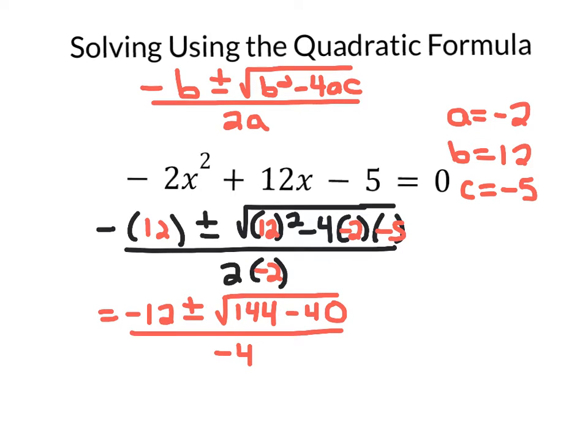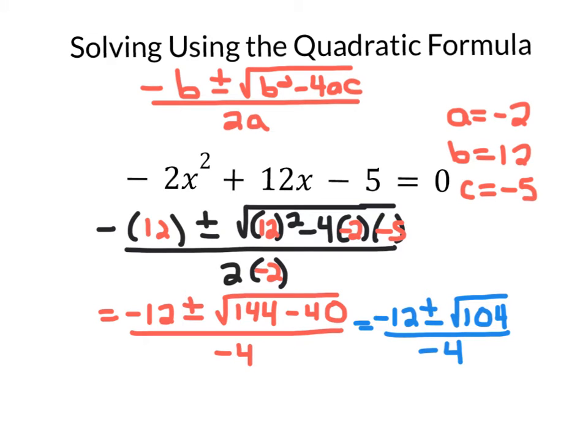As I simplify this, I'm going to get -12 plus or minus the square root of 144 minus 40, which is 104, divided by -4.